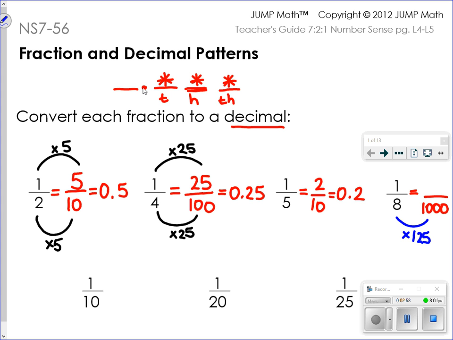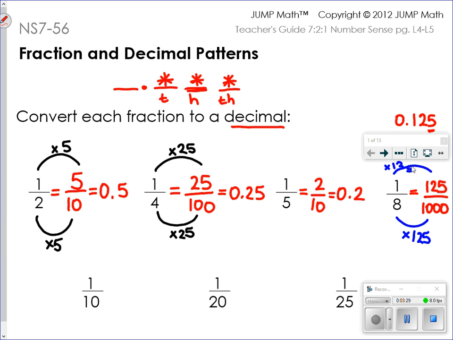So that means 8 times 125 equals 1,000. So same thing on the top, multiply by 125. 1 times 125 is 125. 125 thousandths, I would write as a decimal with 125 ending in the thousandths position, the third place after the decimal.